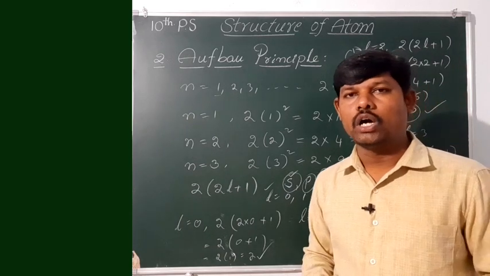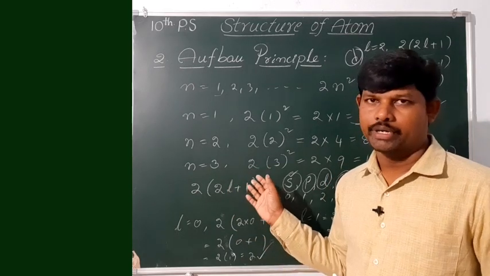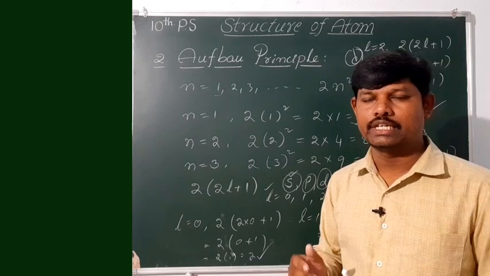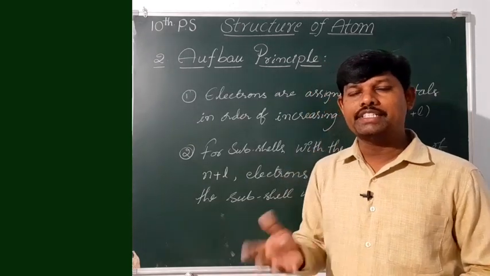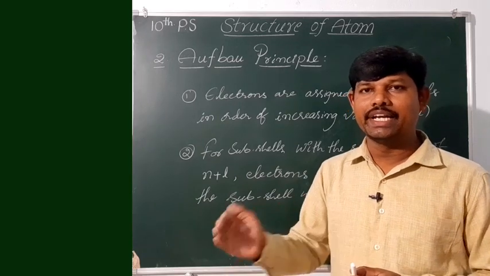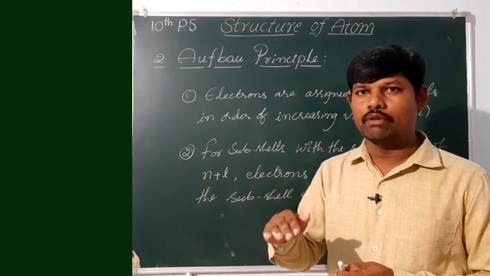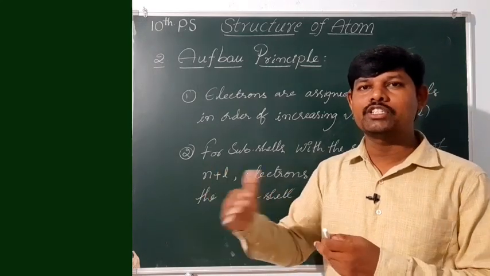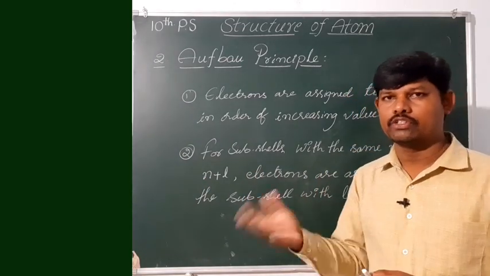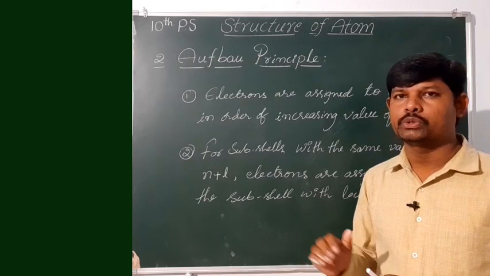What is Aufbau? Aufbau means building up, so the energy builds up level by level. By increasing order of the shells, the electrons will occupy the orbitals. While filling the electrons in the orbitals, we have to follow 2 rules, to distribute the electrons.